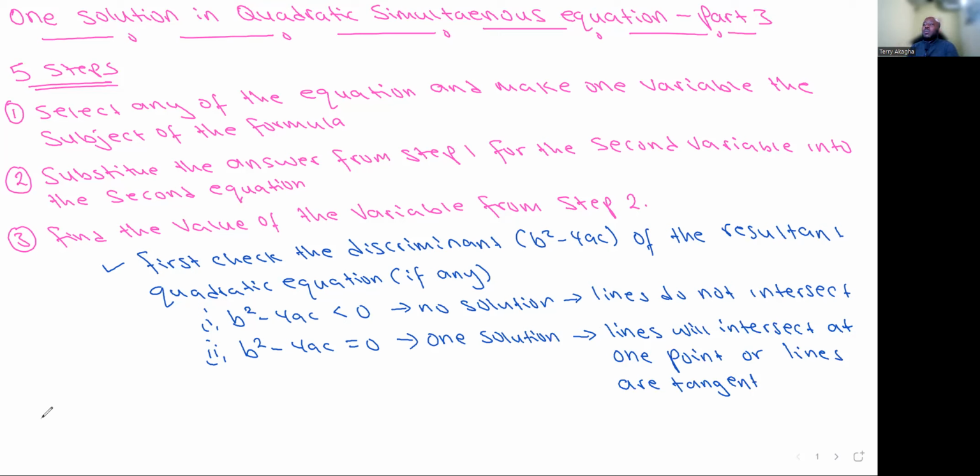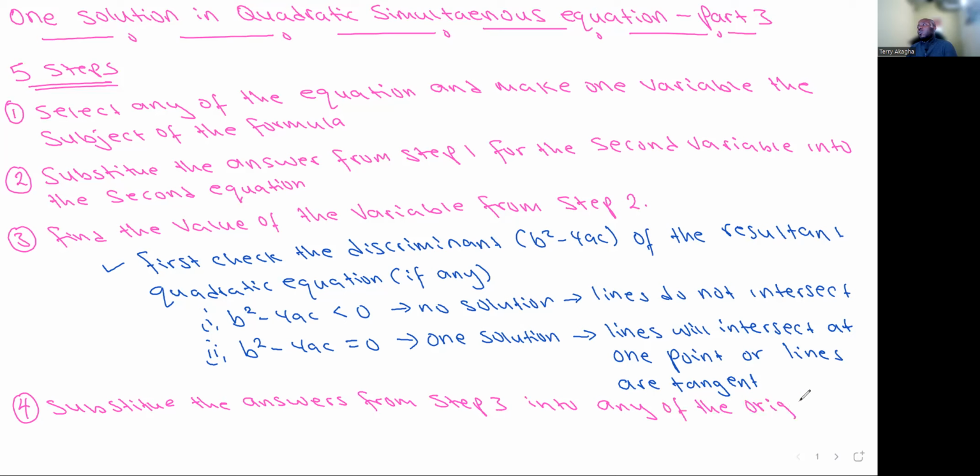Then after you're done with that, we'll go to step 4. Now in step 4, what you have to do is substitute the answers from step 3 into any of the original equations.